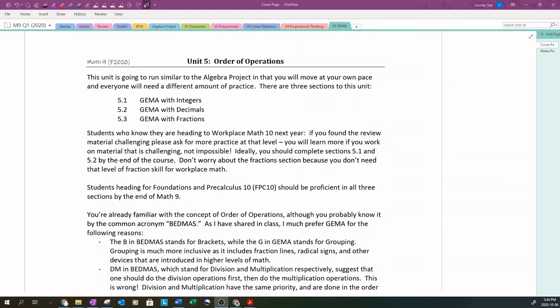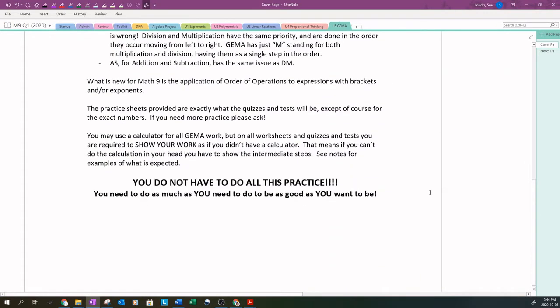So you only need to do as much as you need to do. In fact, scroll down to the bottom of this page and it says you don't have to do all of this. You need to do as much as you need to do to be as good as you want to be. If you know that you're going into workplace math next year, don't stress about getting through 5.2.